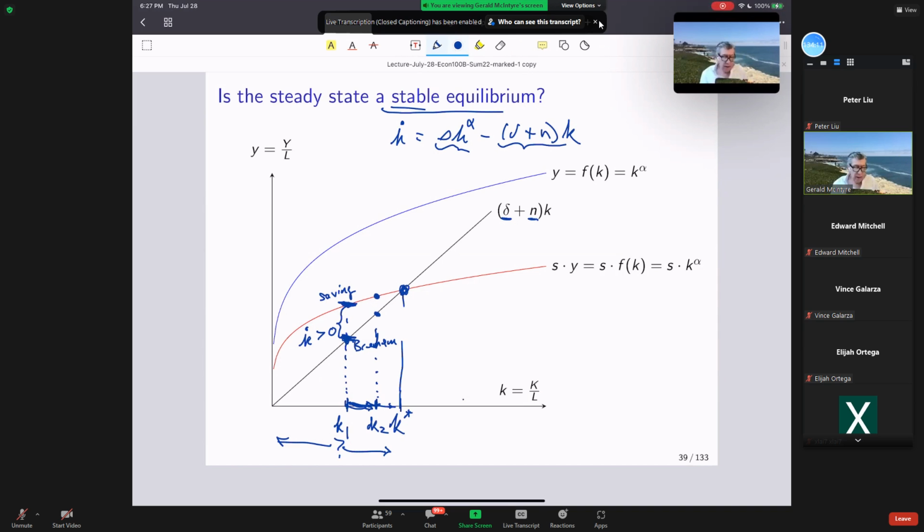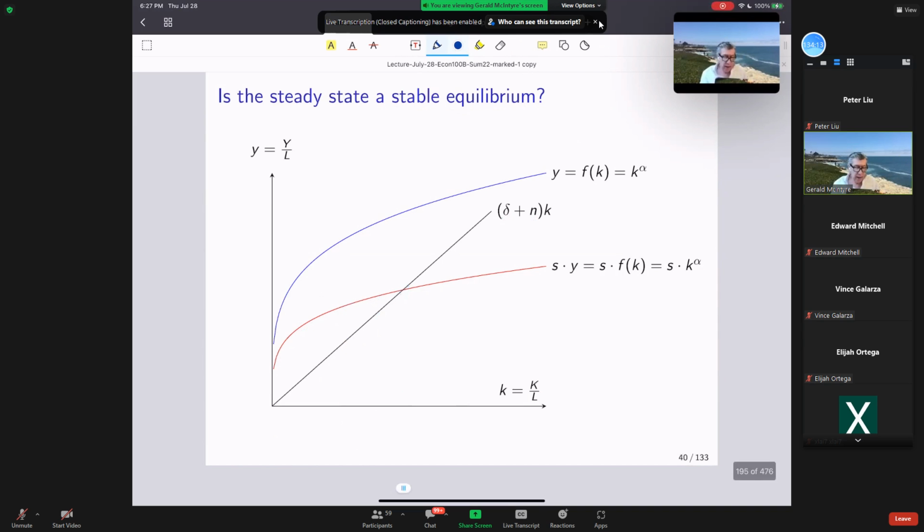What about over here? Suppose I start over here. Here's again a new graph. Here's K star. Suppose you start out here, K3. And we know that K dot is equal to s times K to the alpha minus delta plus n times K. What's true at K3?